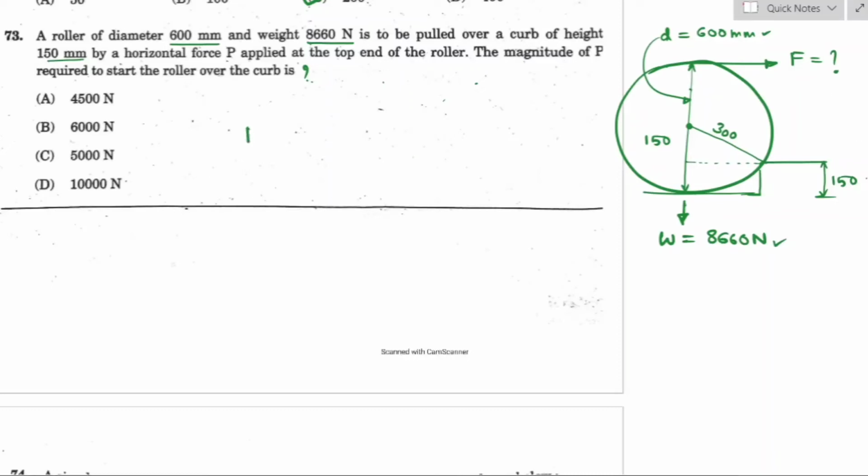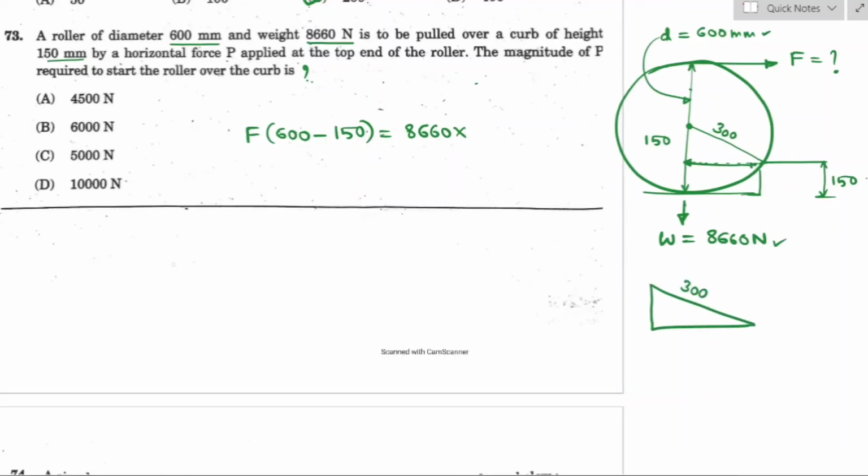So force into lever arm depth. So diameter of the roller is 600 mm minus curb height is 150 mm, which is equal to total weight 8660 newtons into this horizontal distance. So from the Pythagoras theorem, let's find out this horizontal distance.